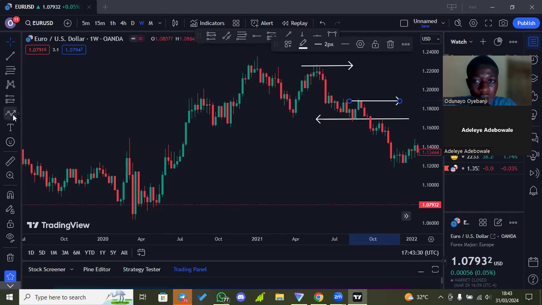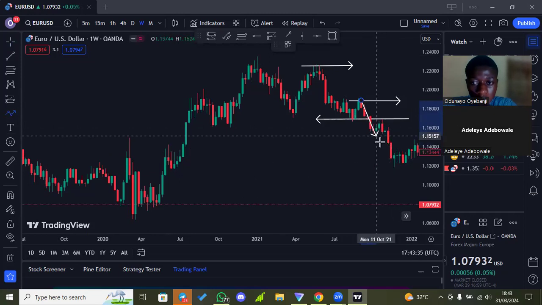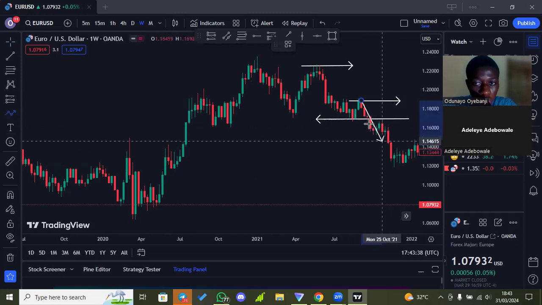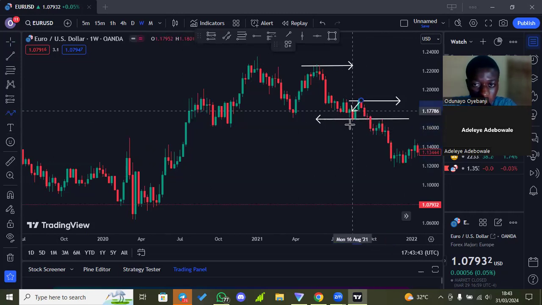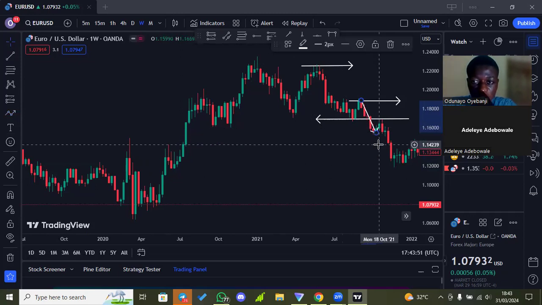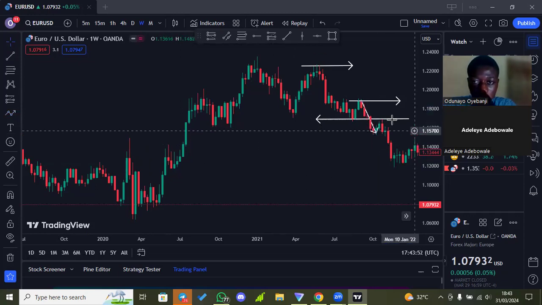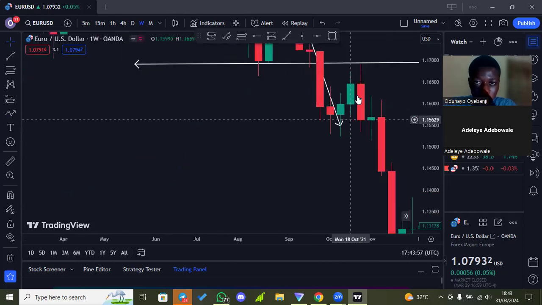It broke support. This is support, right? It broke support and found a new low at this point.